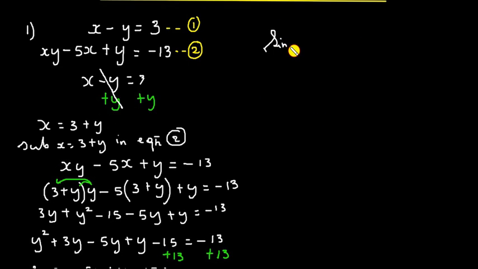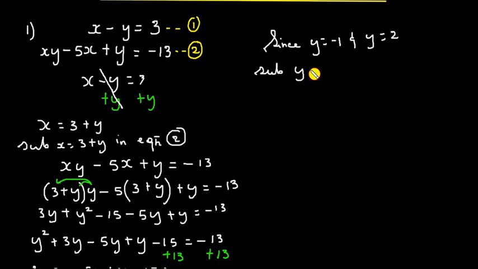Since y is equal to minus 1 and y is equal to 2, we substitute one at a time in order to find the corresponding value of x. So, we will first substitute. I'll write SUB for substitute.